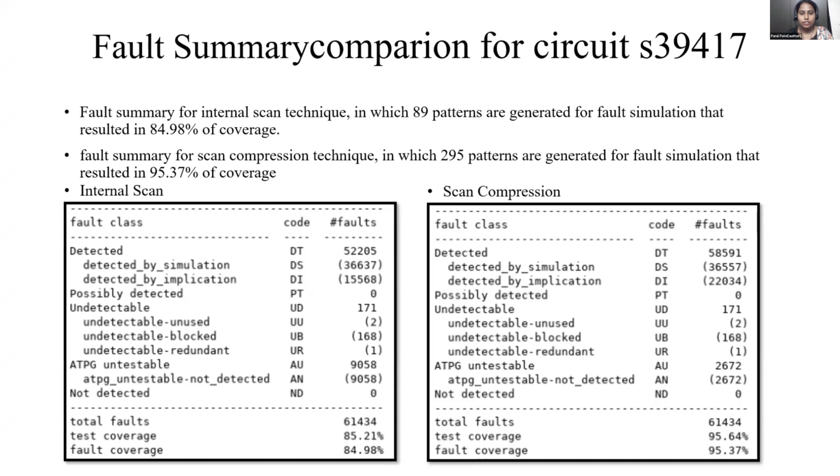We cannot hamper those of a design, because if its timing is hampered, then there is no point in making it more testable at the cost of its timing and functionality. So some extra circuitry is added during both scan compression and internal scan insertion, and due to that their pattern count may vary as they have slightly different circuitry.